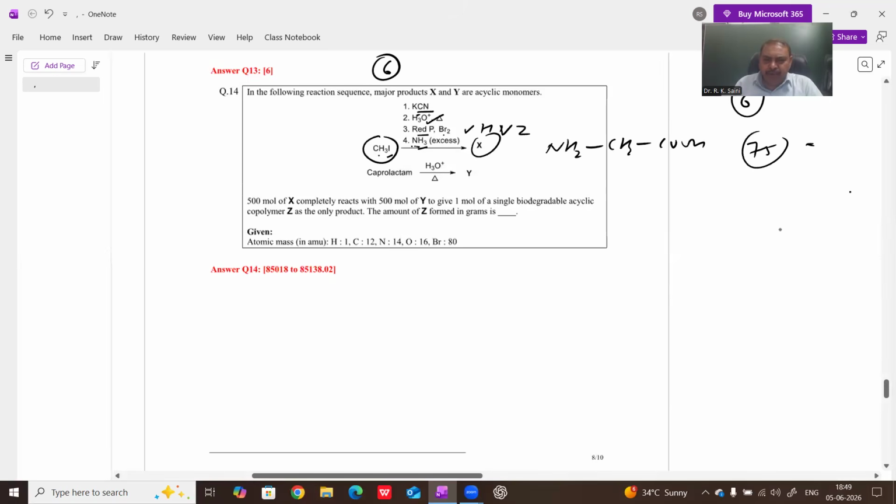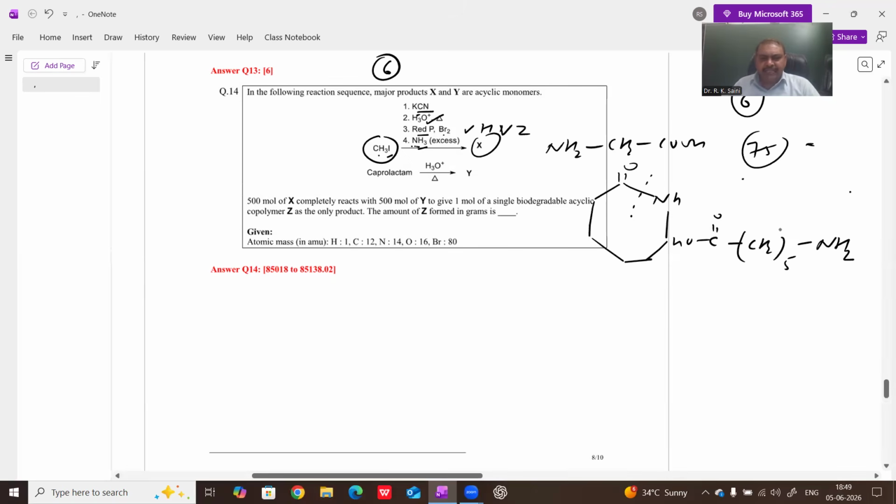And in caprolactam, caprolactam is a cyclic amide in which 6 carbon are there. On their hydrolysis, it gives an acid. It is the monomer of nylon 6. This is the amino acid. 6 carbon amino acid.